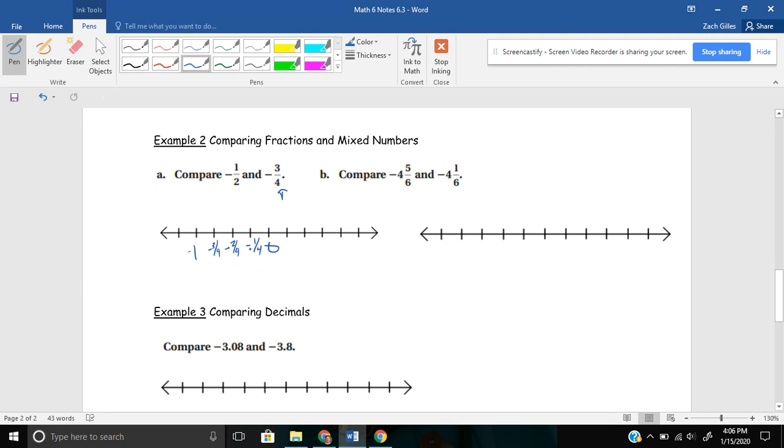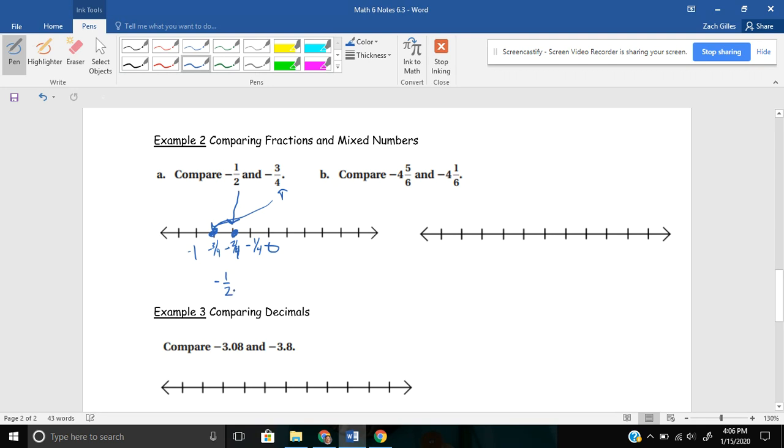And negative 1/2, remember, is the same as negative 2/4. This is the same as a half when it's simplified. And then negative 3/4 would be right here. So reminder from the last section, the further left you go, the smaller the number. So since negative 3/4 is further to the left, it will be smaller.